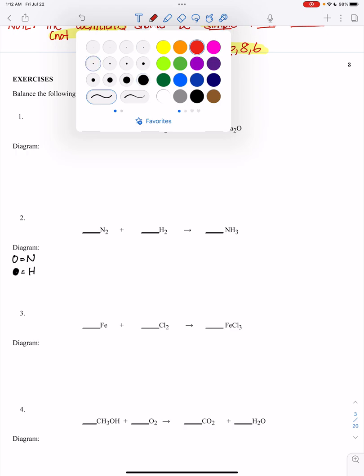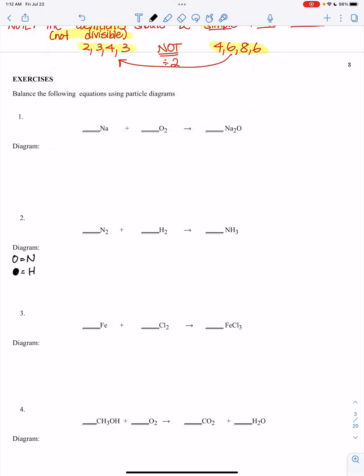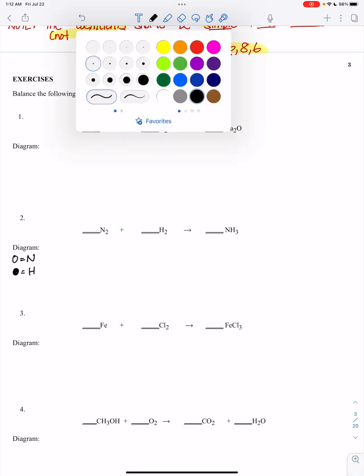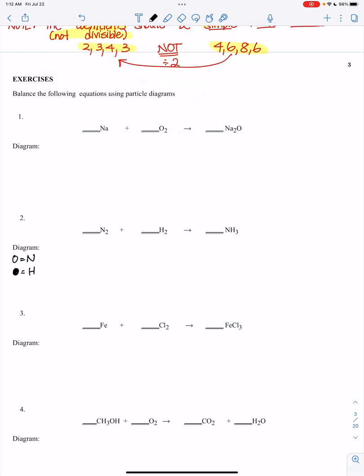arbitrarily assigned a color, shape, circle or square, whatever I want, to each element and I drew out each substance, right? So for N2, there we go. Oops, I gotta make that a little bit smaller. For N2, I draw it like this. For H2, I drew H2 and I drew it as a shade.